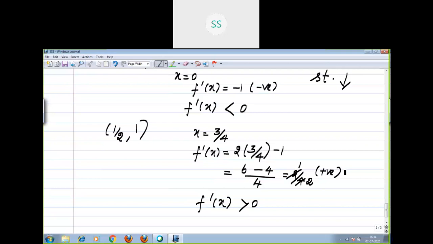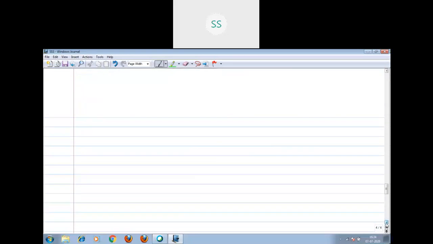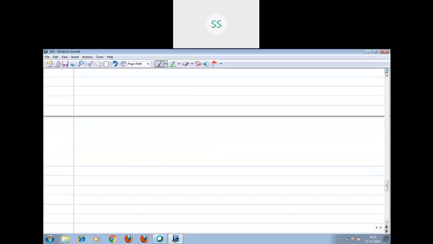Once you arrive at greater than 0, what is the nature of the function? Strictly increasing. See here, the interval is given as minus 1 to 1. Throughout the interval, the function didn't act as increasing or decreasing. Up to one interval, it is increasing; up to another interval, the function is decreasing. So throughout the interval, the function does not act as increasing or decreasing.